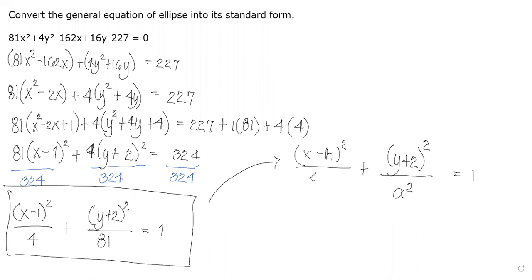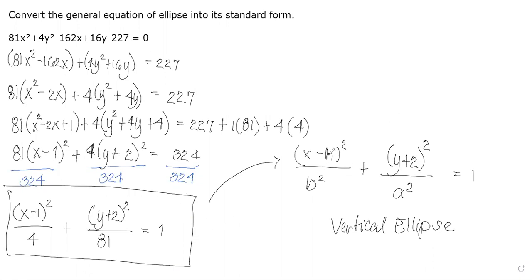Kung mas maliit si 4, ayan yung b squared. Kapag yung a squared mo ay nakatapat sa y, vertical yung ellipse. Kapag yung a squared mo naman ay nakatapat sa x, horizontal yung ellipse.